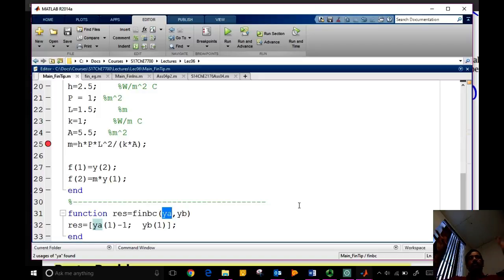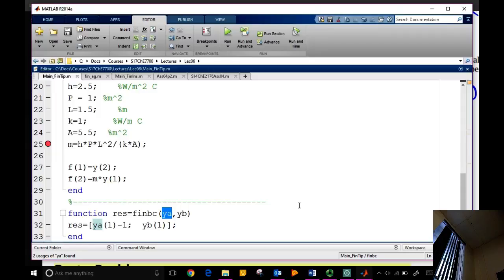In this case, all I know is that YA, on the left boundary, the first element is theta. Theta should be equal to 1. That means theta minus 1 should equal 0. That's one condition. So this will be one residual imposing our boundary condition. Is that clear? If not, please ask me.